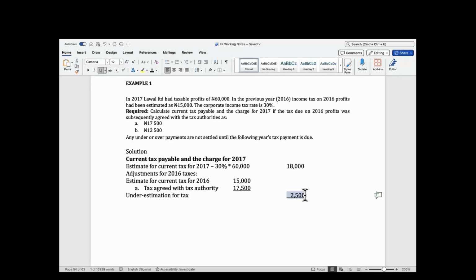This will be recognized in P&L as an expense, being added to this current tax also, which is an expense. That means our income tax expense for that year is going to be how much? 20,500. That goes to P&L.